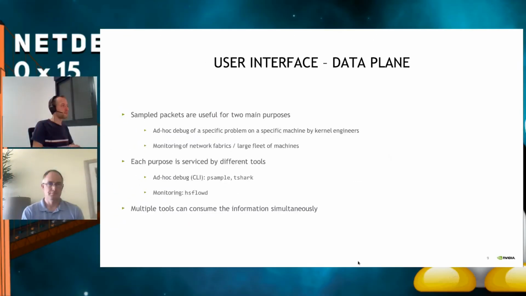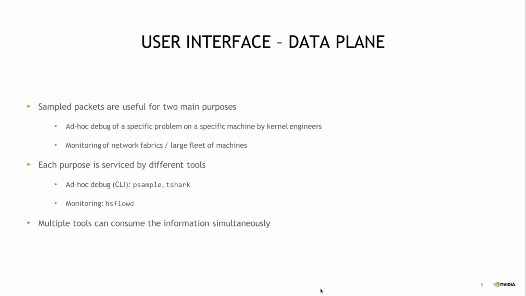The user interface for the data plane for the consumption of the sampled packet is derived from two main use cases. The first one is ad hoc debugging of a specific problem on a specific machine, usually by kernel engineers, while the second one is monitoring a large fleet of machines, usually by network engineers. And each purpose is serviced by different tools.